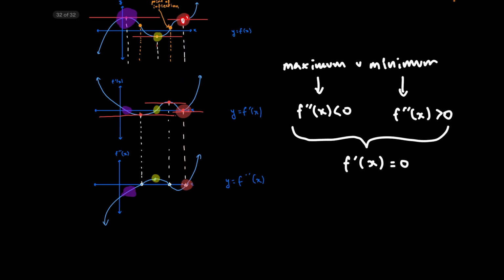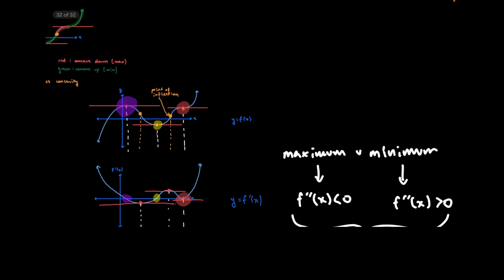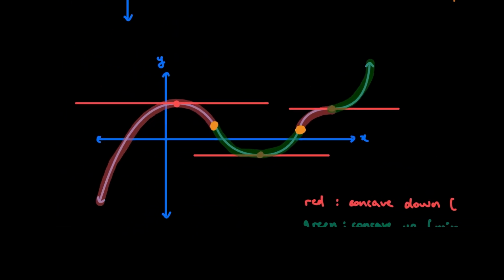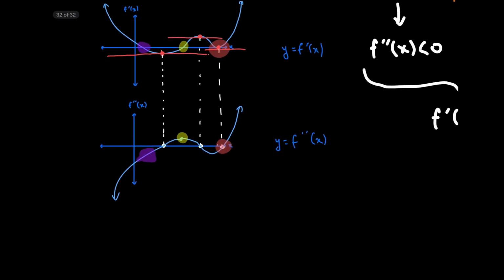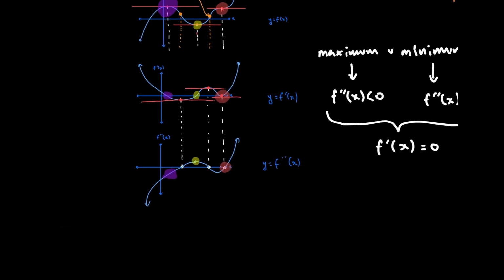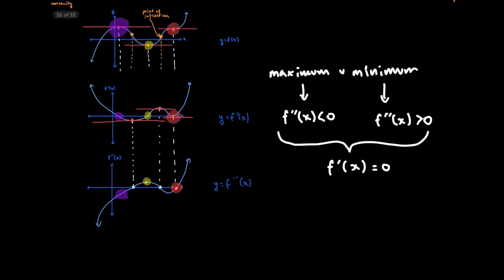So what that means is this point here is also what's known as a point of inflection, and we recognize that up here as well in this graph. In this graph, it changes concavity from concave down to concave up. So it changes concavity. If we go back here, it changes concavity. It's a stationary point, but it's a flat point of inflection. It's not like one of these points of inflection where it was like maximum steepness or minimum steepness.